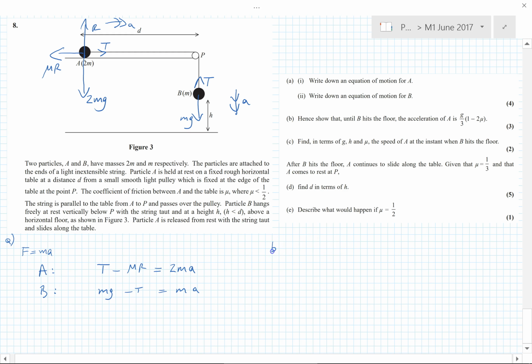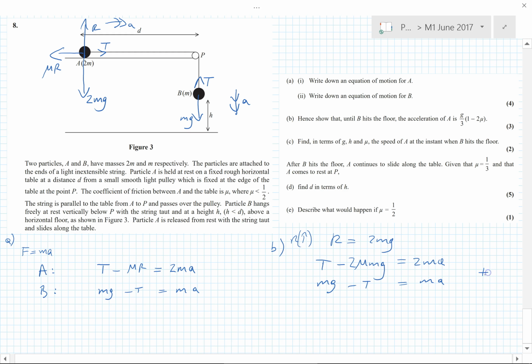Part B, just to combine those two really, we've got R equals 2mg anyway, because we're resolving vertically, which tells us that T minus mu times 2mg equals 2ma from this equation there. Equivalent thing. And we've got mg minus T is equal to ma.